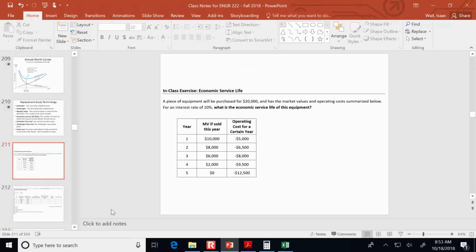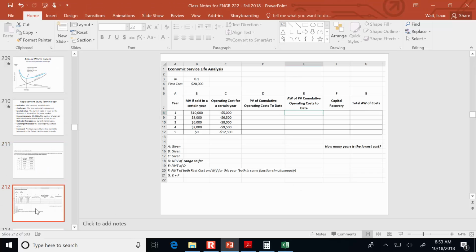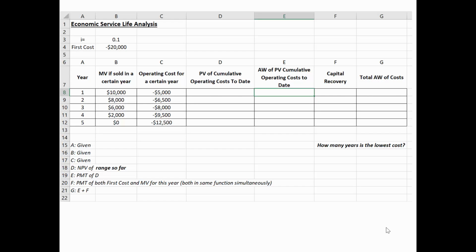All right. So here is the template file. Here's what it looks like. Were you all able to find that on MU Online? All right. So I've given you the formulas here, beneath the table. Column A is given, column B and C, they're given. Now, column D says use the NPV function on the costs for whatever row you're on.